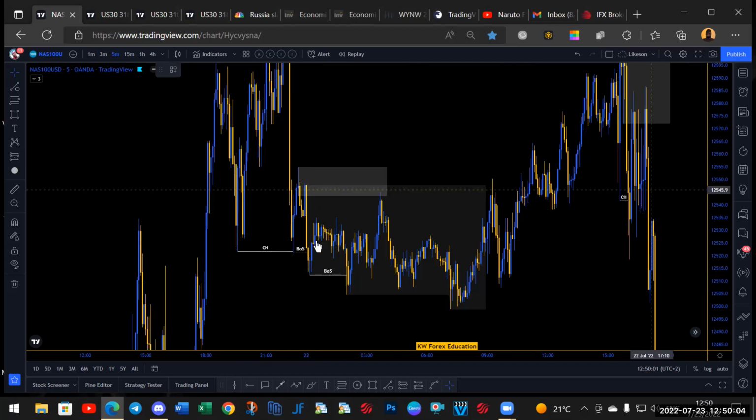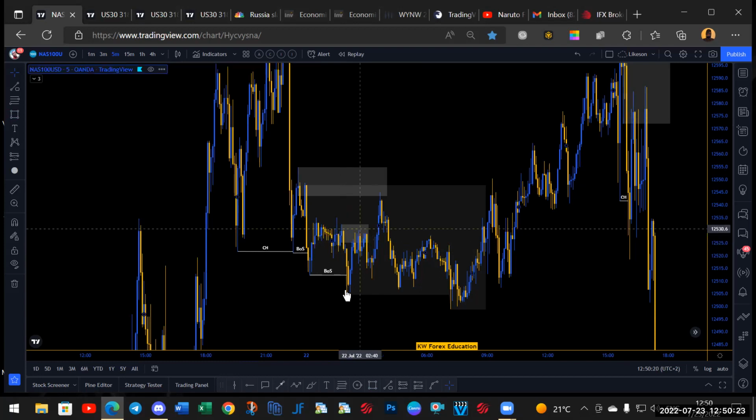Now, when you look at how price was behaving here, you would understand that just selling from here, normally this would be another supply, because this supply here caused this break of structure to the downwards, right? Normally we would sell here, but because of how price was behaving, it wasn't that clean.